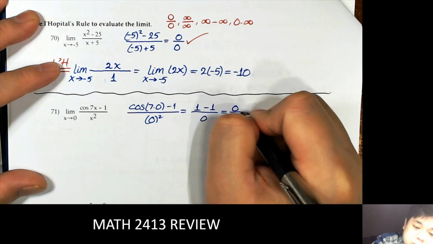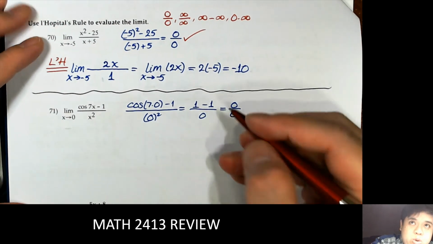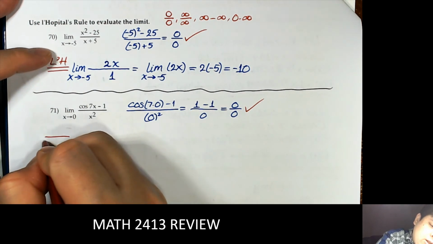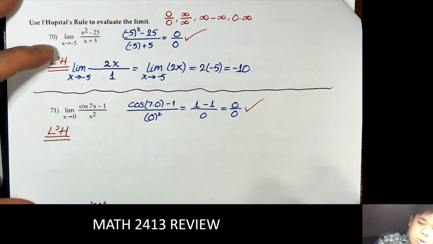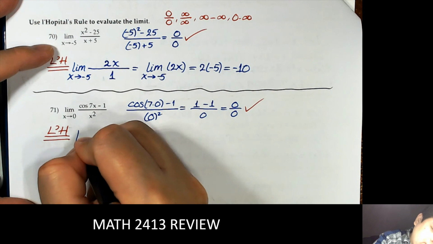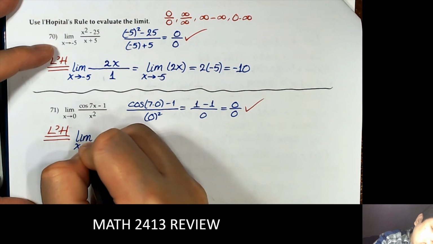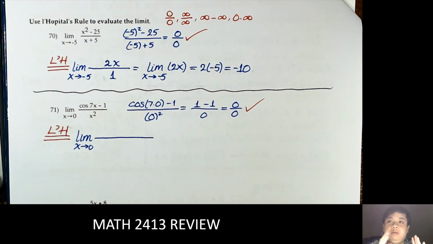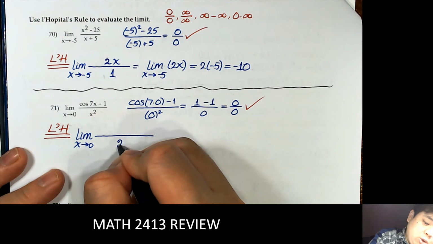So in that we have 0 over 0, which is one of those indeterminate forms. So we can use L'Hopital's rule, which means we take the derivative of the top and the derivative of the bottom. Derivative of the bottom, that's easier, 2x.